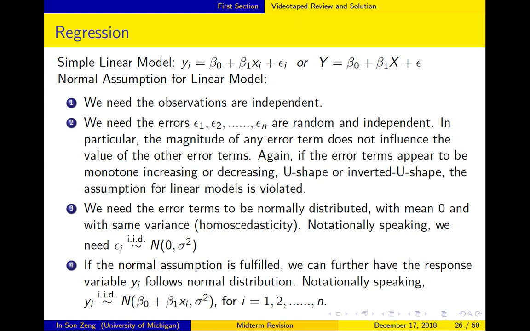Particularly, we need the magnitude of any error term not to influence the value of the other error terms. So again, if the error terms appear to be monotone increasing or decreasing, U-shape or inverted U-shape in the residual plots, then our normal assumption for the linear model is violated.